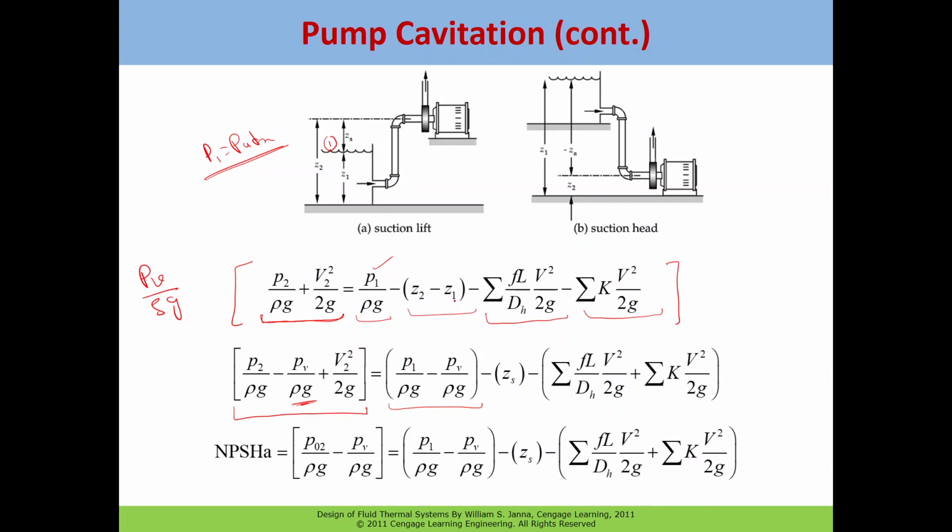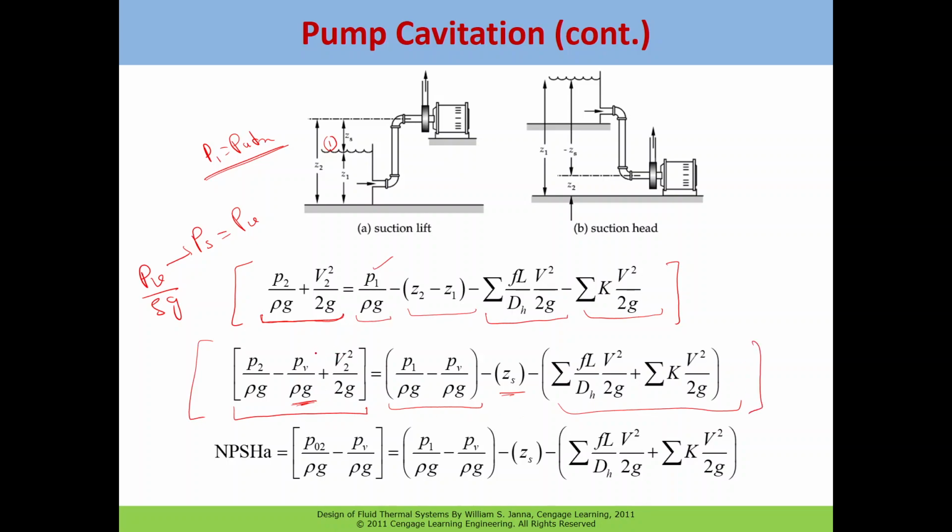This Z2 minus Z1 is our Zs, and these are the two losses. So what is PV here? PV is the saturation pressure, which we also call the vaporization pressure. So you can get the equation in this form.